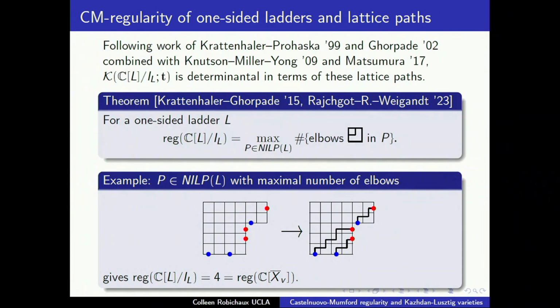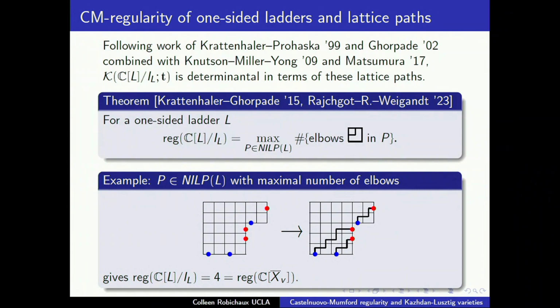And you can see that every time I'm straightening out one of these kinks, so if I straighten this elbow to be an elbow like this, then that would correspond to doing one of these excited moves. So this shouldn't necessarily be surprising. But one thing that's nice is that recording the number of elbows is exactly telling me that I can do this number of these excited moves.